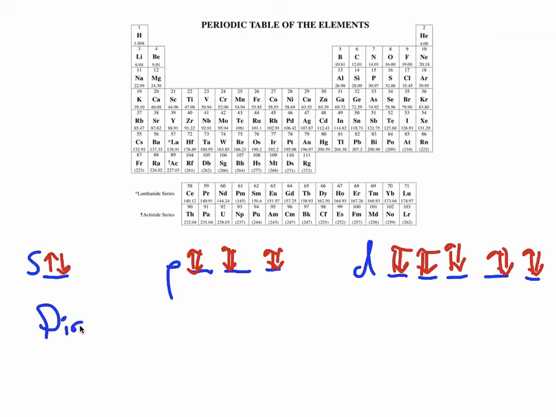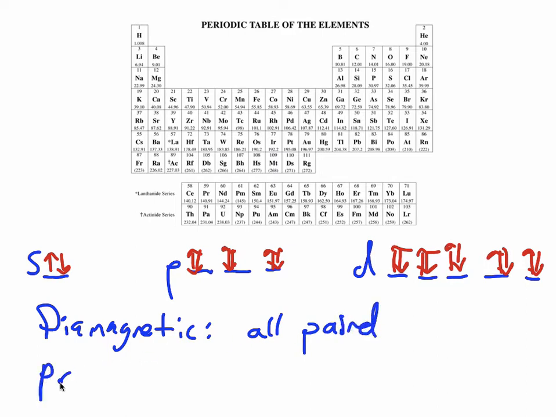So diamagnetic, we can think of it as the magnet dies. They're all paired. And paramagnetic, you can think about that as the electrons in the atom being pulled towards a magnetic field. So they're not paired, or not all paired.